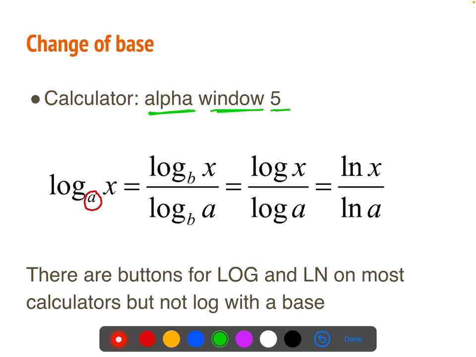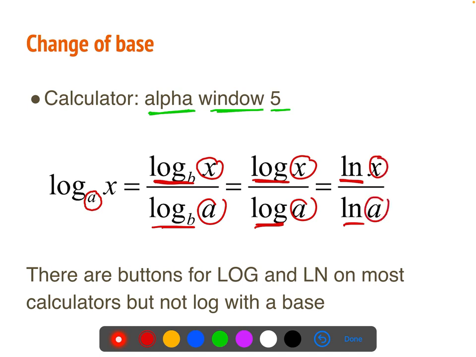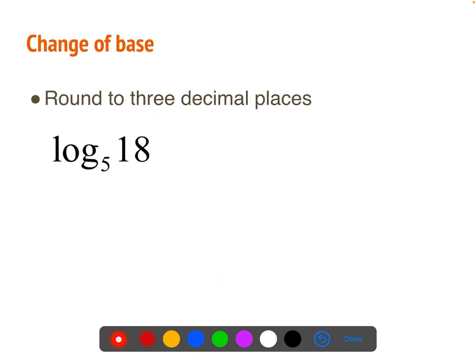Or if you're using something like Desmos that doesn't even have the template, then you would use change of base, which is basically any base of logarithm you want to use. So I could use log base 2 or log itself or ln of the argument over the little bitty base.